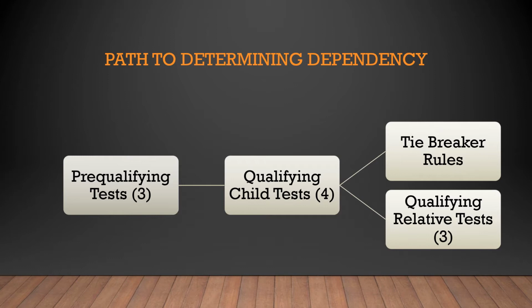If they are a qualifying child, though, they might qualify for more than one taxpayer, in which case we would need to utilize the tiebreaker rules to see if our taxpayer gets the priority in claiming the child. If the potential dependent is not a qualifying child, then we just move on to the qualifying relative tests. If this person is not a qualifying child or a qualifying relative of the taxpayer, then they cannot be claimed on the return.